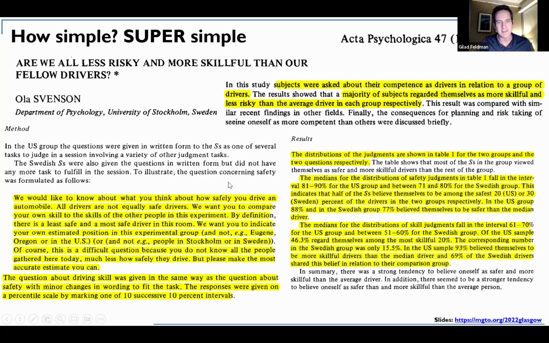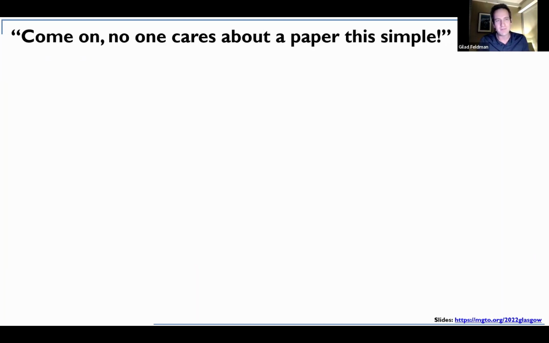So you can see, actually, this is pretty much the entire article. The article is very short. It's like a one-page article where it was even descriptive. There was no statistics in there. They just reported what it is that they found in a distribution. And the initial reaction is like, come on, really, seriously, nobody cares about a paper that is this simple.